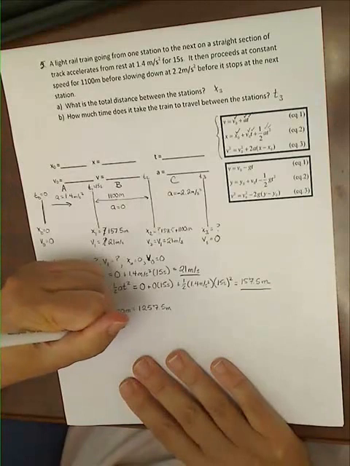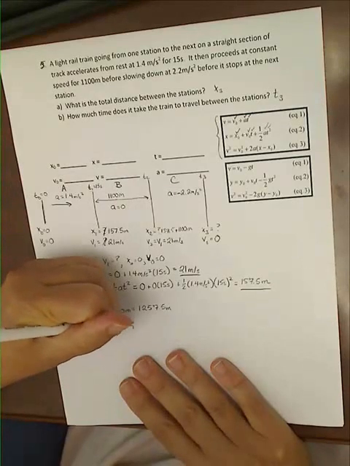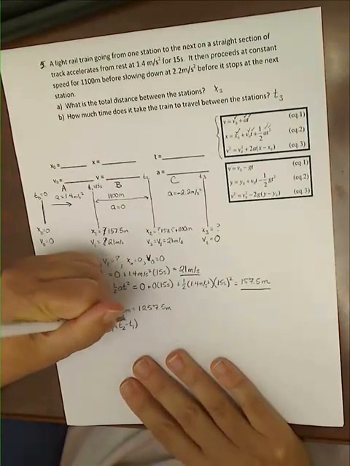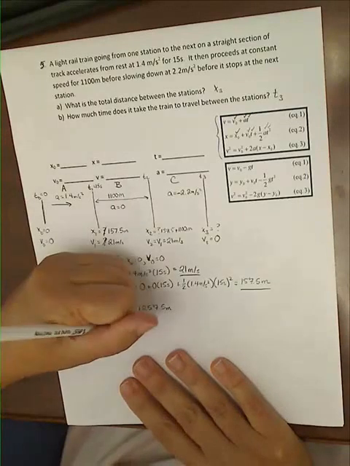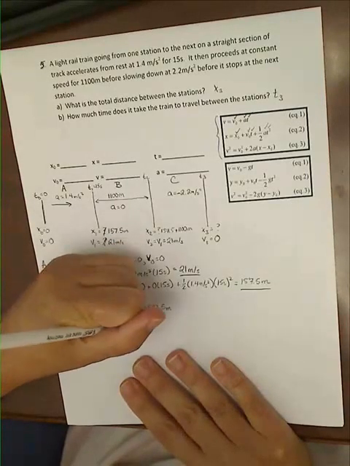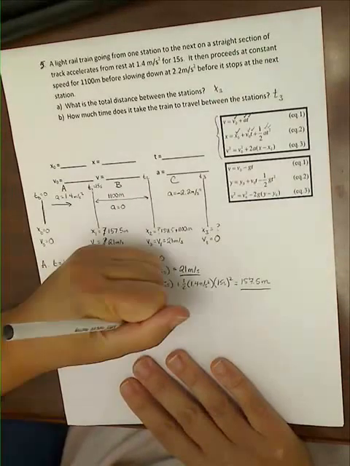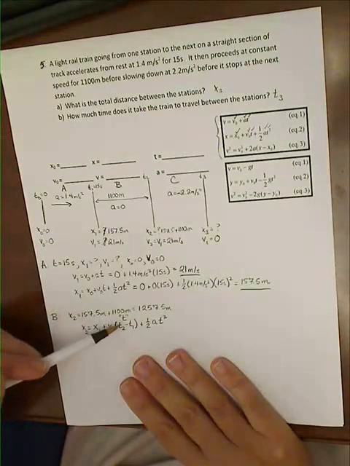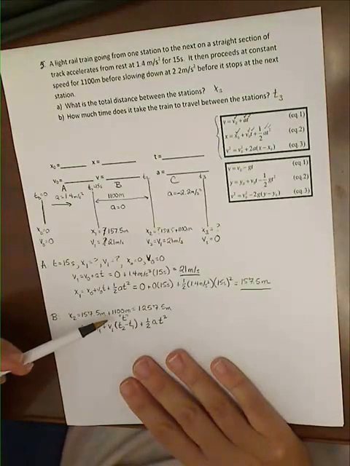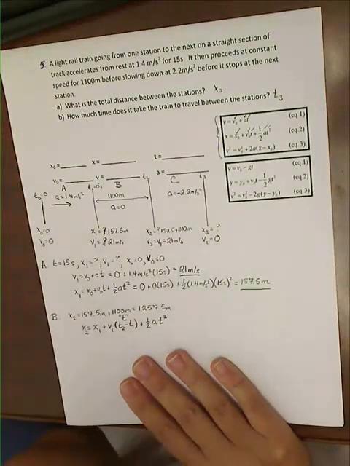So my time is going to be t2 minus t1. Okay, and let's just write that as t, just to make our equation simpler. And we're going to have 1/2 a times t squared, where again t is going to be t2 minus t1. So we'll solve for t, and then we'll get t2 by just adding 15 seconds to it.